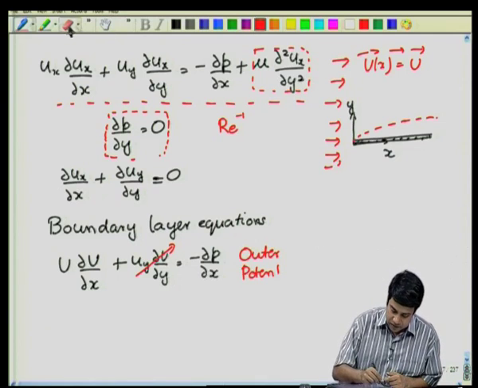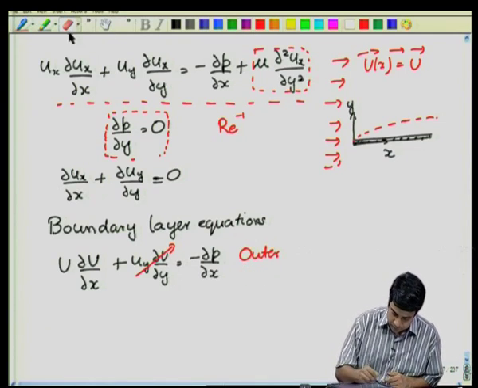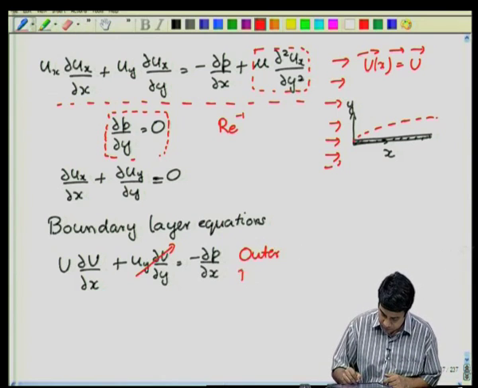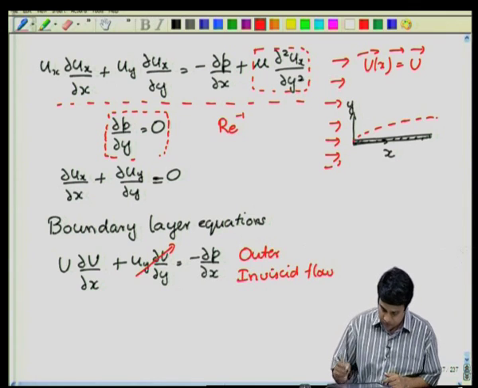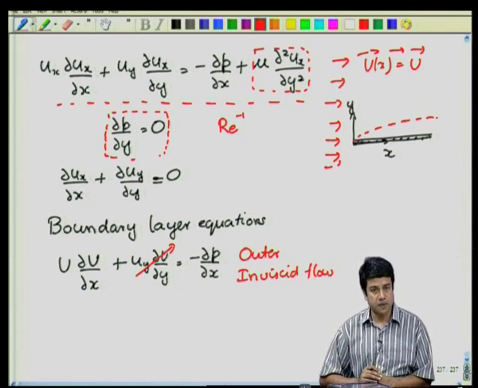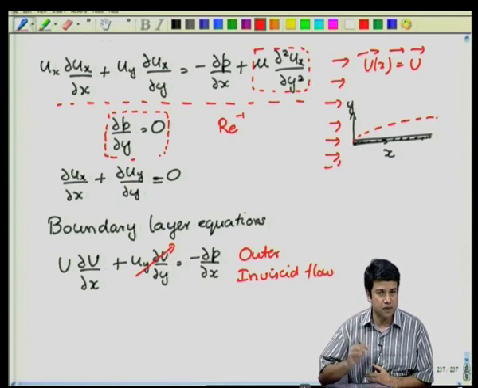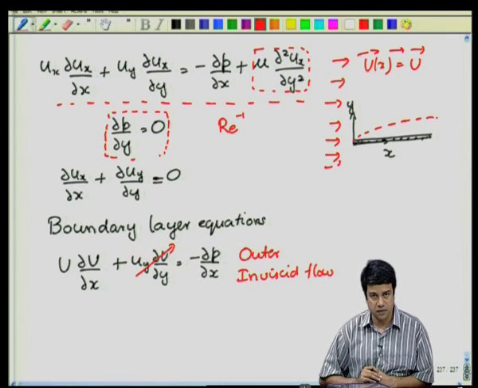Let me call it an inviscid flow. So, minus partial p by partial x is equal to U times partial U by partial x, where capital U is the outer potential flow.